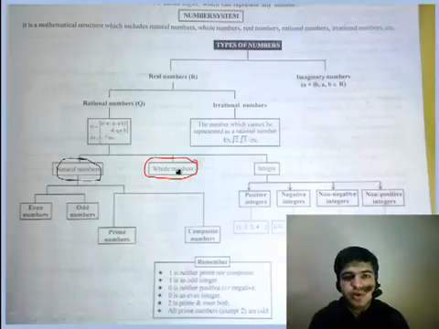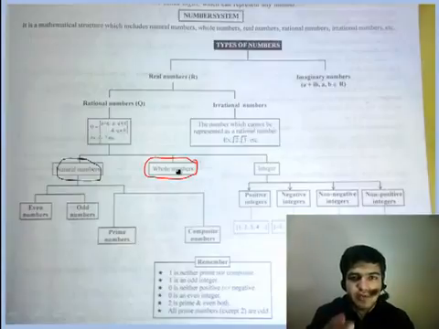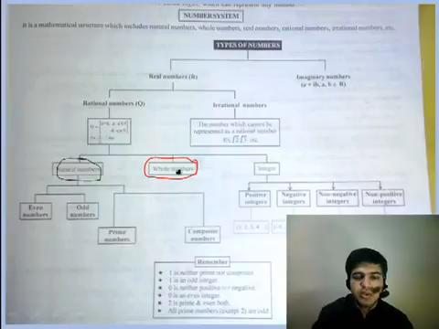Now when 0 to infinity was available on the positive side, there was a need felt for the numbers to exist even on the negative side. For example, if I have to give 5 rupees to you, call it plus 5. But for your receiving end, when you are receiving the money, you will say that my balance is minus 5.